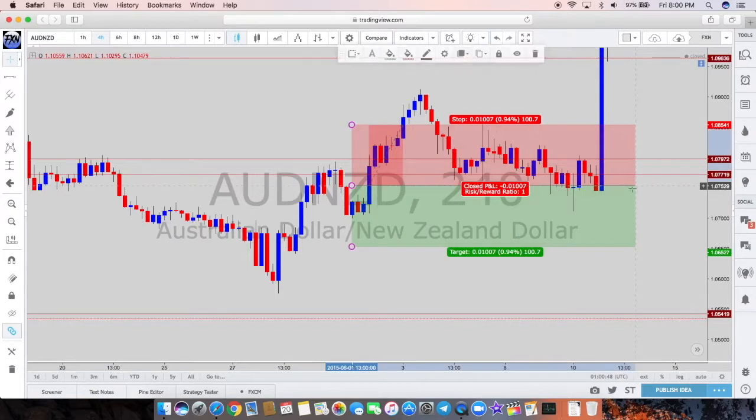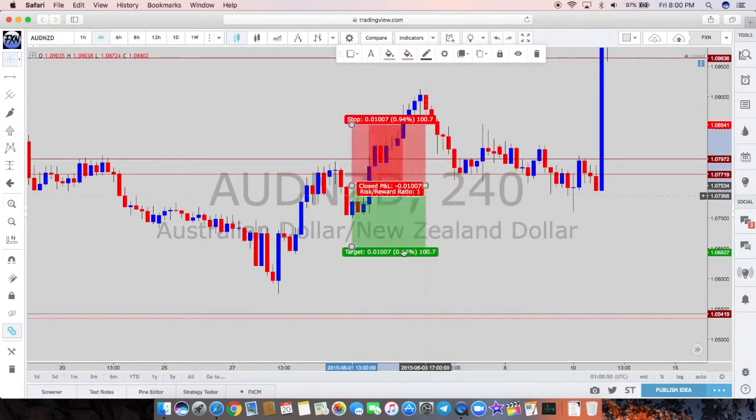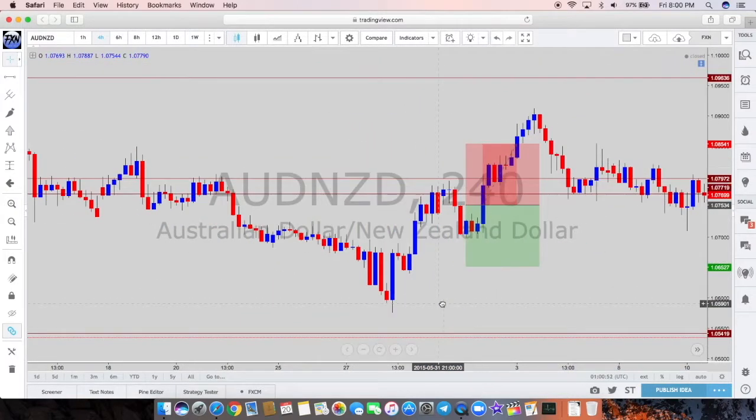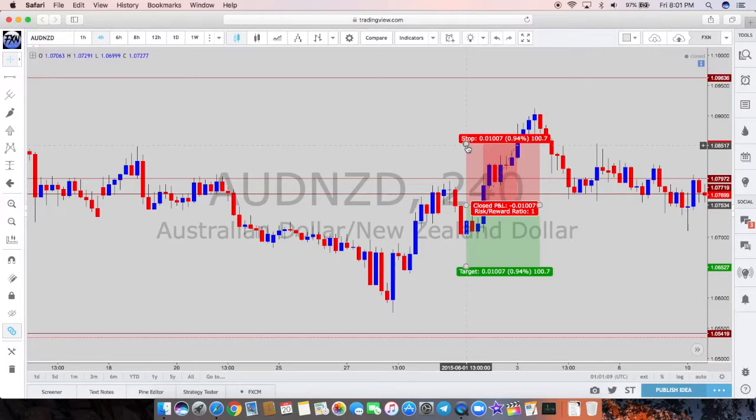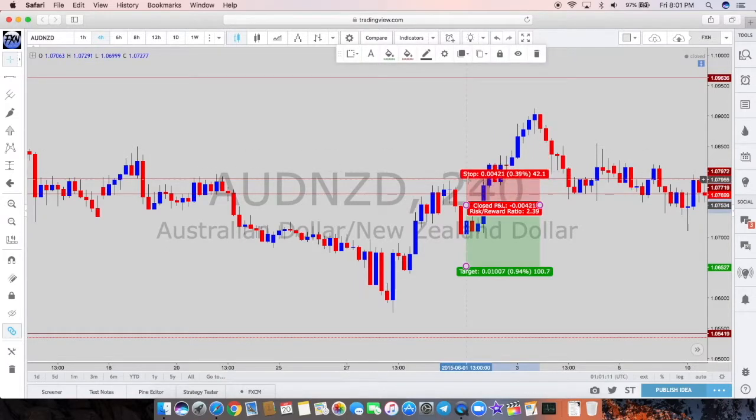Okay, and one of my rules that I trade by is I want to have at least a 2-to-1 risk reward ratio. If I cannot get a 2-to-1 risk reward ratio, I am highly likely not to take that trade. Okay, because I don't want to get into a trade that's a 1-to-1. I like 2-to-1. I like to risk 1 and then get 2 out of it.